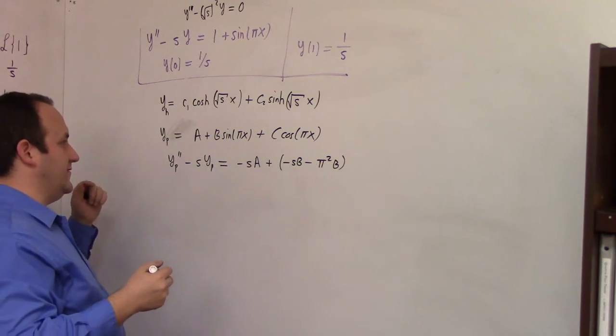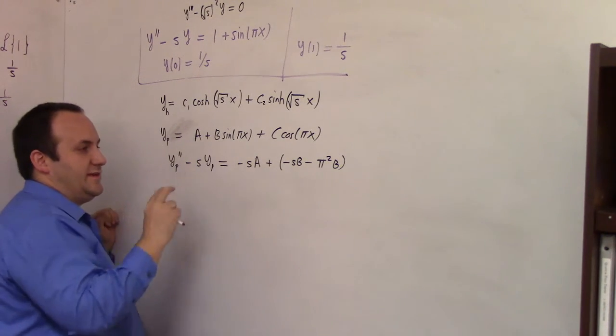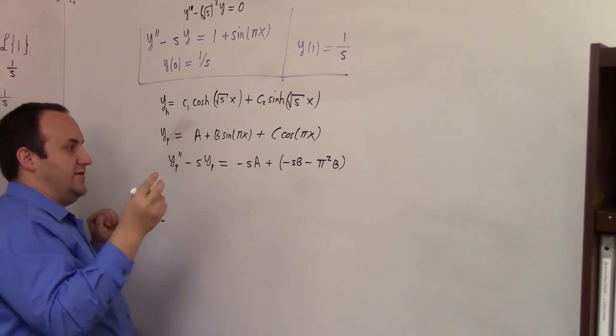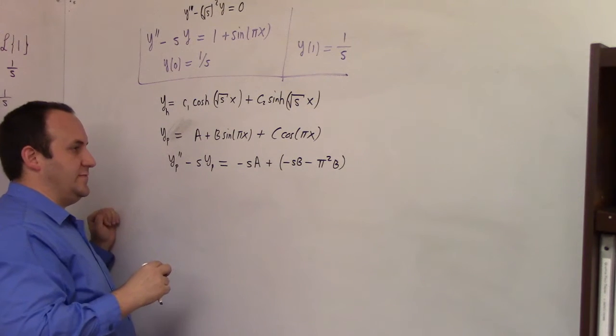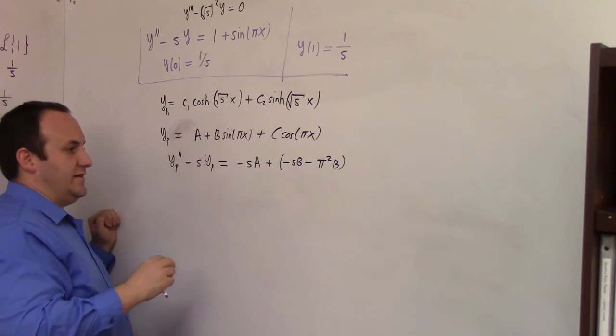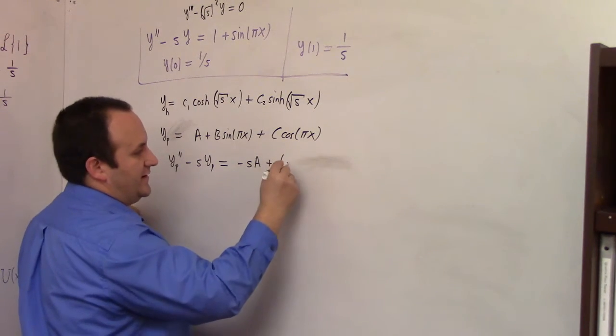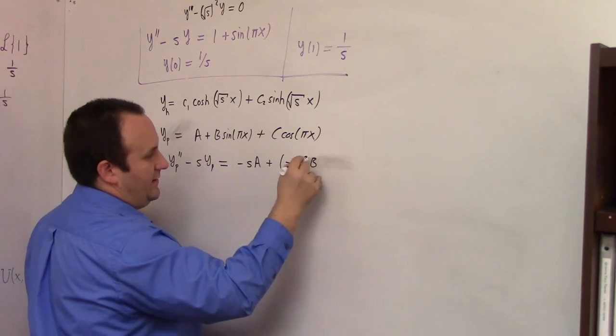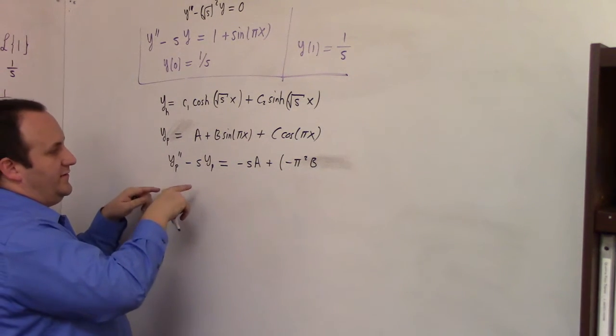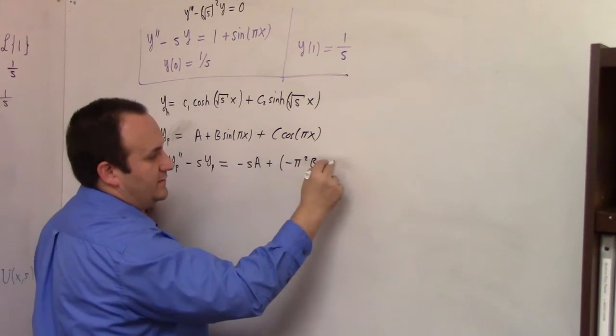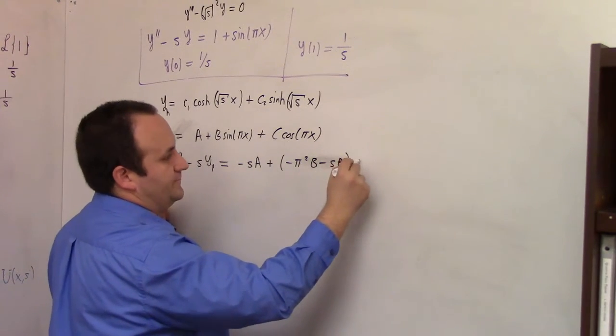So let me think about this in my head for a second. If I twice differentiate this, I get minus pi squared. So I've got minus pi squared b from this, and I've got a minus sb from that.